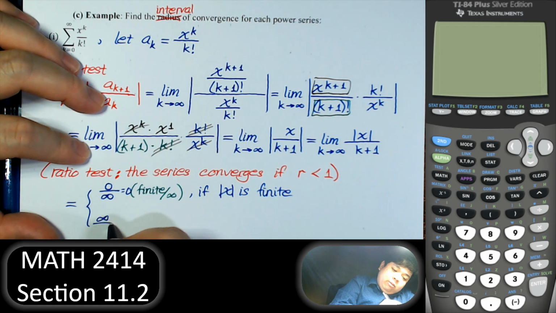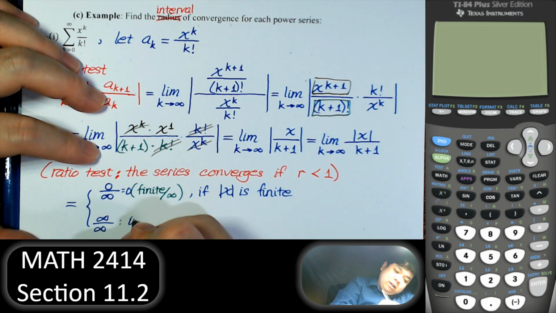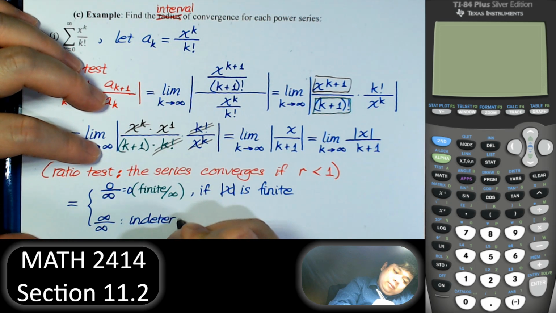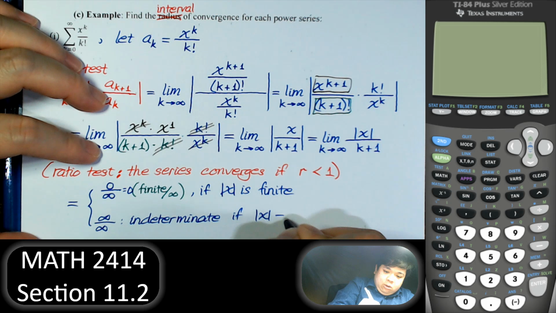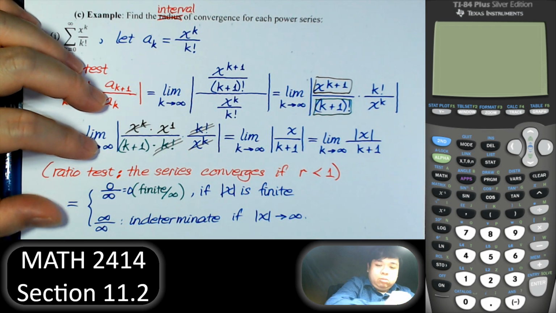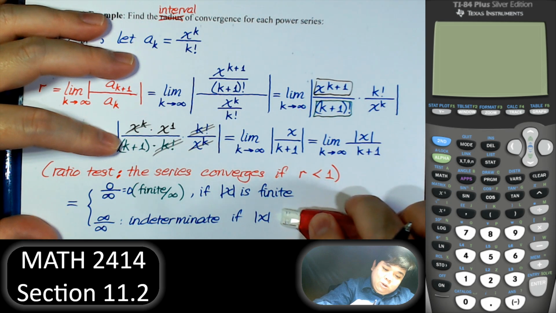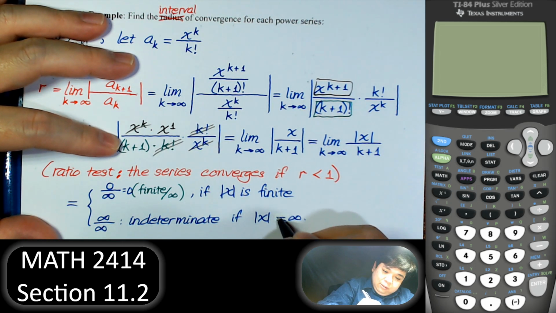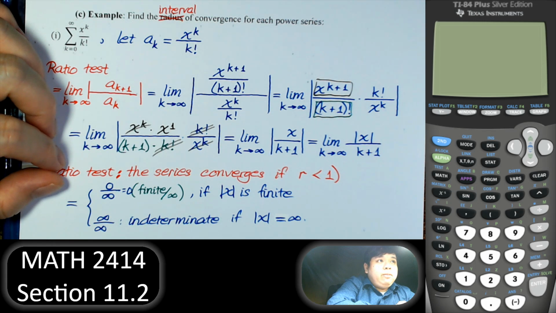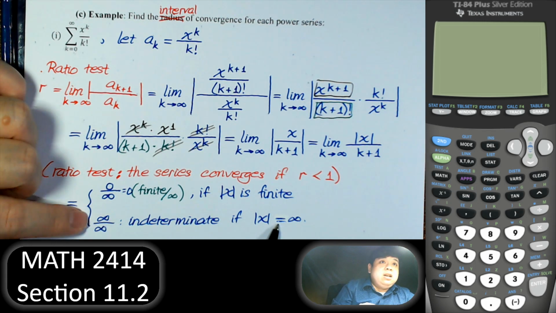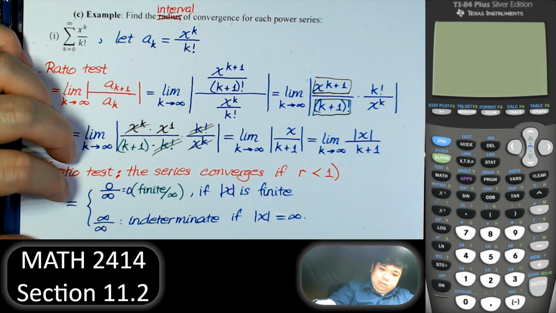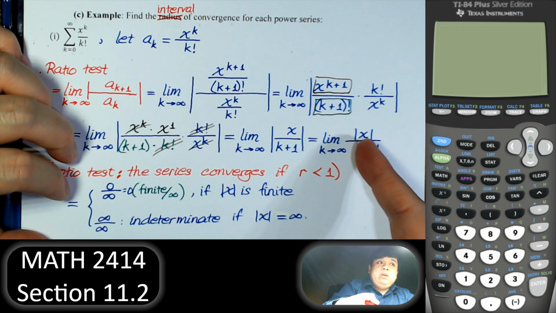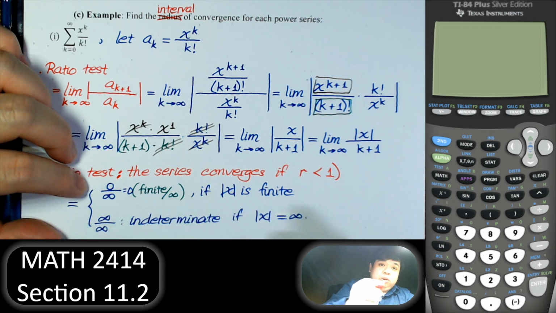Or if we have infinity over infinity, in which case it is indeterminate. That is if the absolute value of x is equal to infinity, or we say approaching infinity. But there's no limit, so it has to be equal to infinity. And of course, we're not going to have this. If it is infinity over something, then that will be equal to infinity in this case, because there's no limit for x.